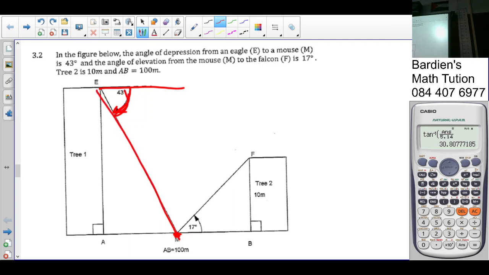So that's already marked. The angle of elevation is the angle that goes up on the horizontal. The falcon F is 17 degrees.